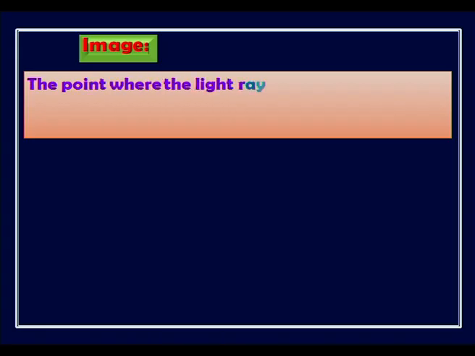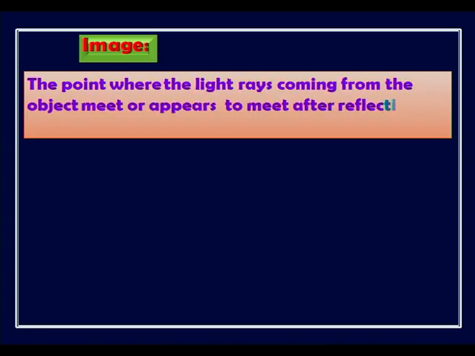Now, we will see image. What is image? The point where the light rays coming from the object meet or appear to meet after reflection or refraction forms an image.